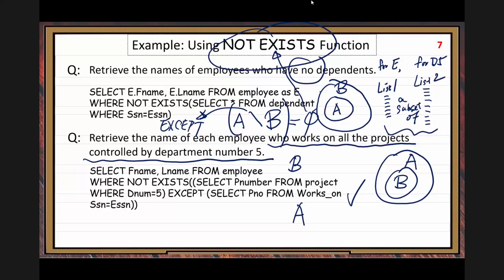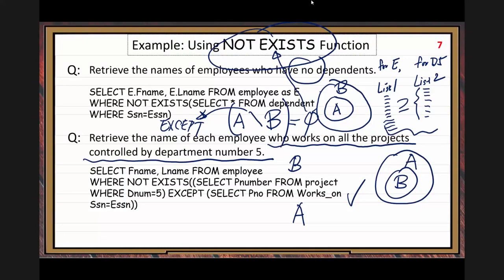So actually, that means list 2 is a subset of list 1. List 1 is larger, list 2 is smaller. Why? Because list 2 is all the projects controlled by Department 5, the whole list.